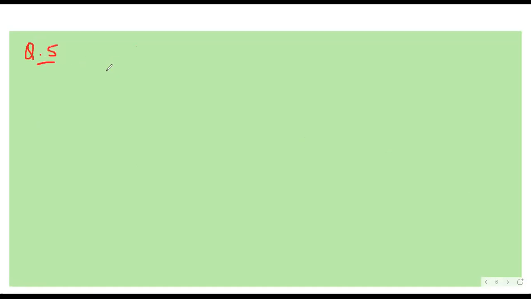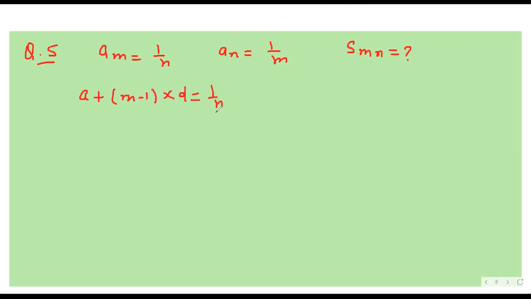Question number 5 says, the mth term of an AP, am, is given as 1 upon n, and the nth term, an, is given as 1 upon m. And we have to find Smn. So first we write a plus m minus 1 into d equal to 1 upon n, and a plus n minus 1 into d equal to 1 upon m.